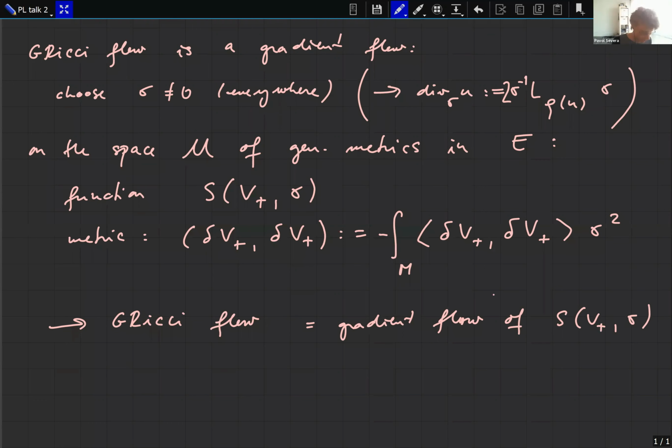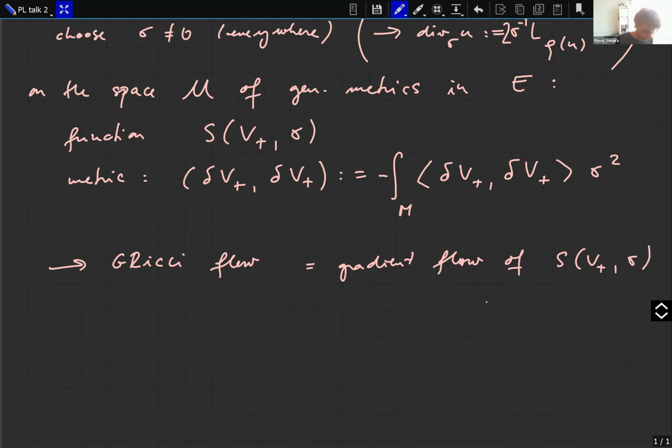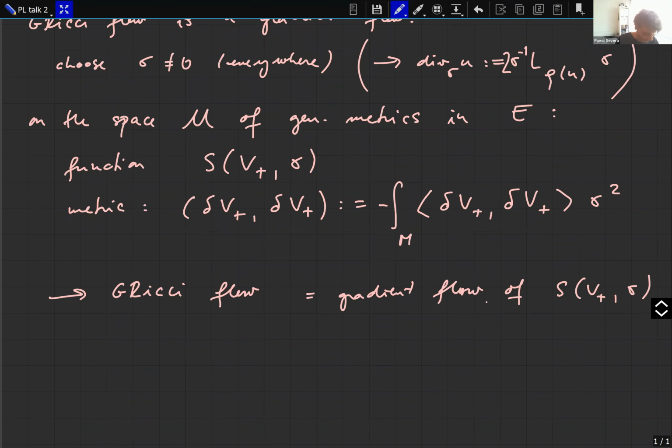So this is one thing, and a closely related thing is: what are the Euler-Lagrange equations, or equations of motion, of S of V plus, sigma?